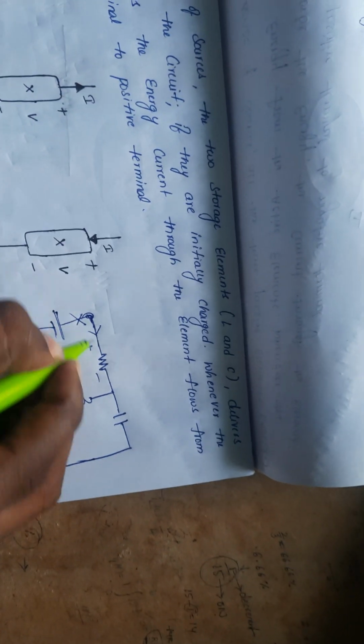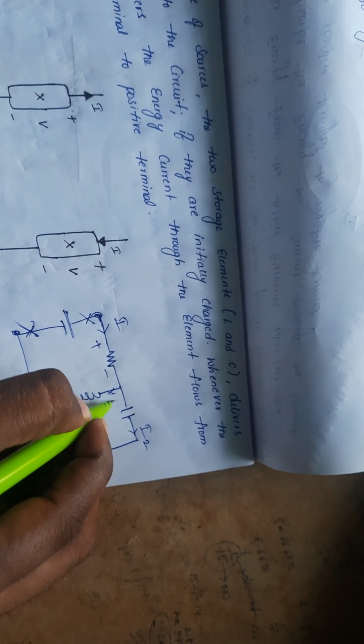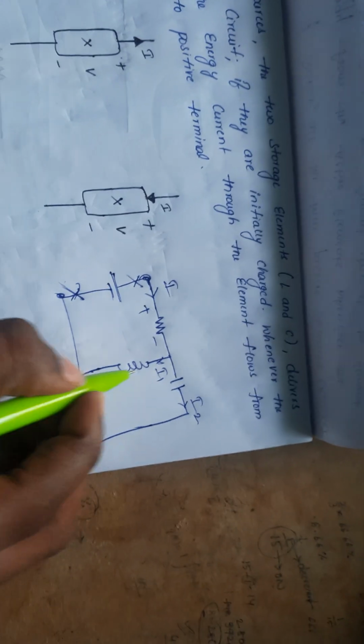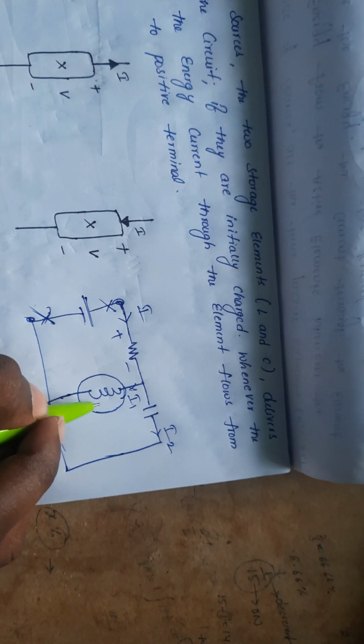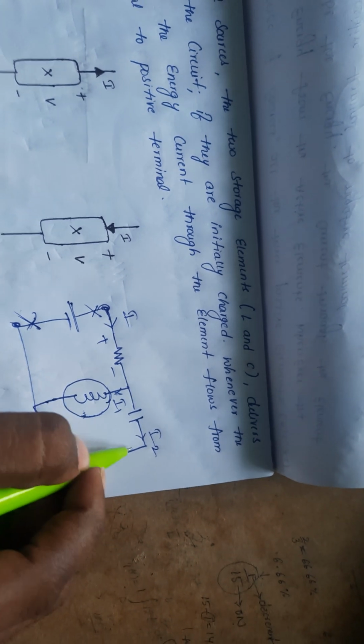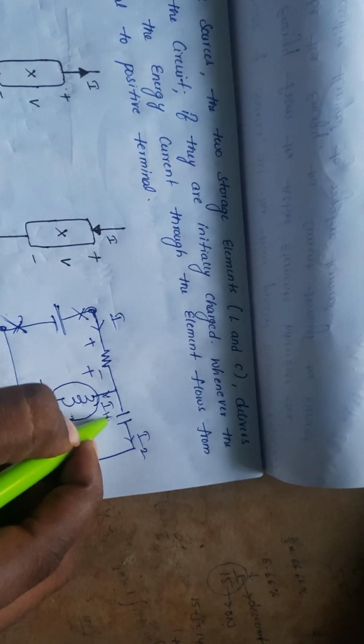The current flow is in this direction. This is initially charging. This is plus, this is minus, this is plus, this is minus.